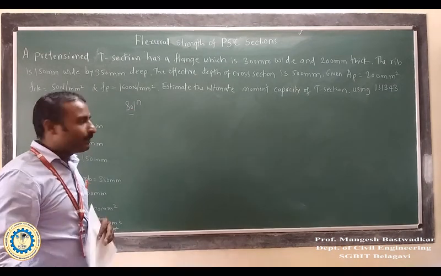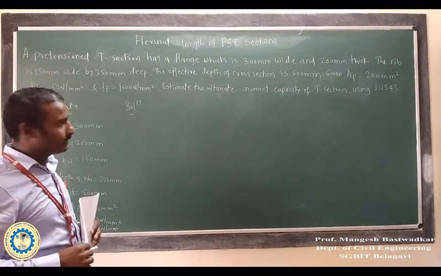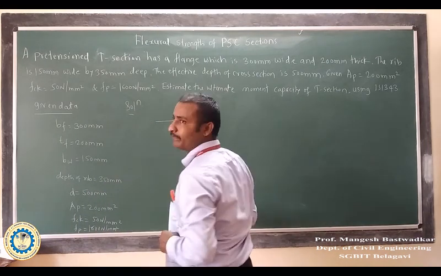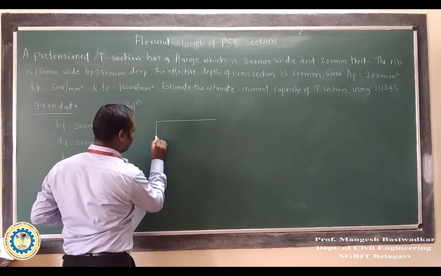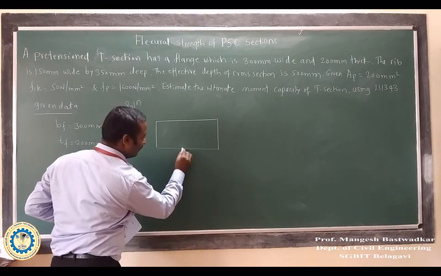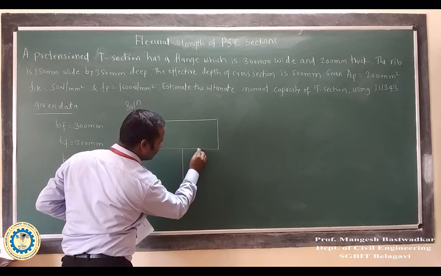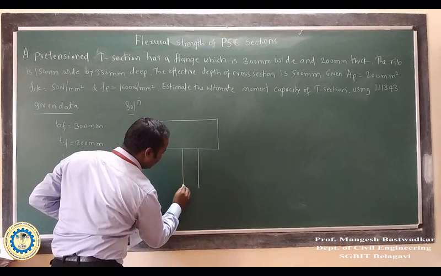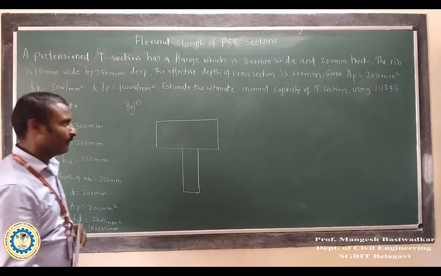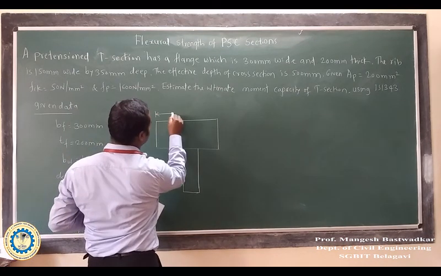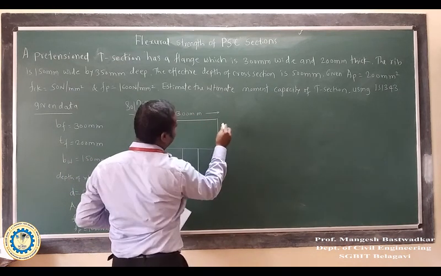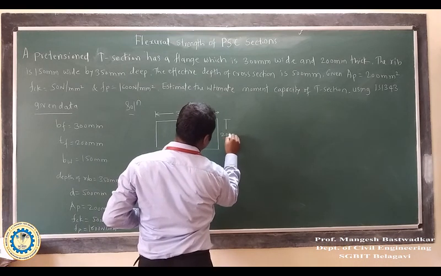For your understanding purpose, I will draw the sketch of this T section. Here the width of flange is given, then thickness of flange is also given, then width of the rib is given, which is smaller than the width of the flange. So proportionately we will draw. This is the T section. Then this is the width of flange, 300 mm. Then this is the thickness of flange, 200 mm is given.